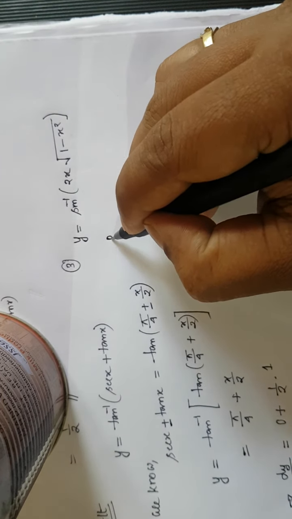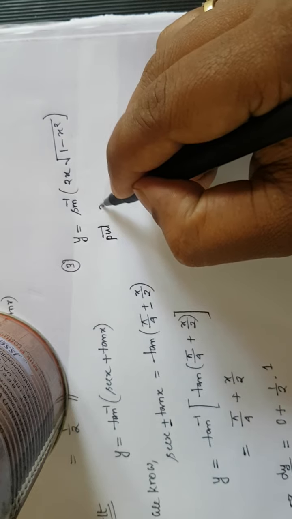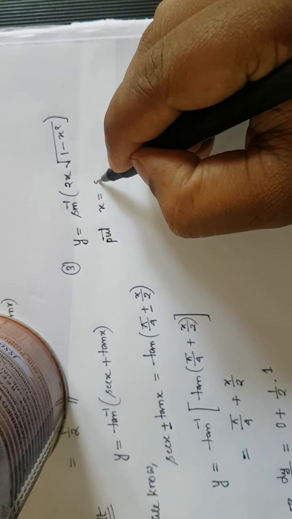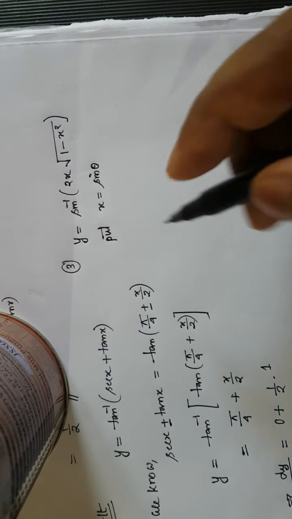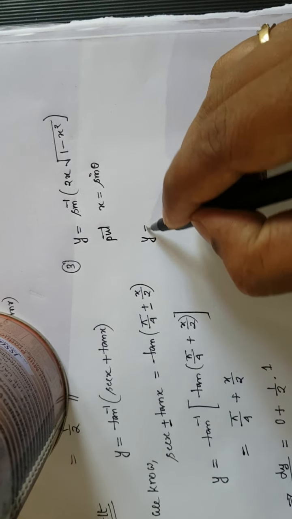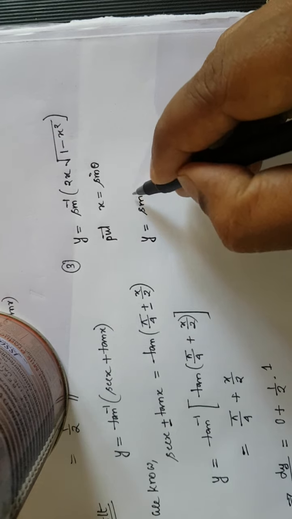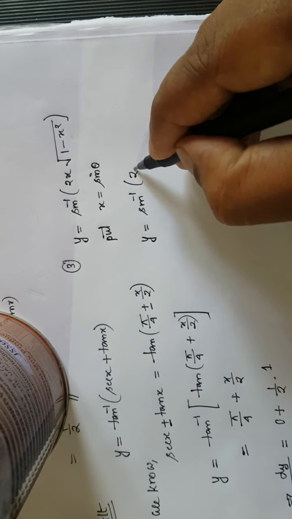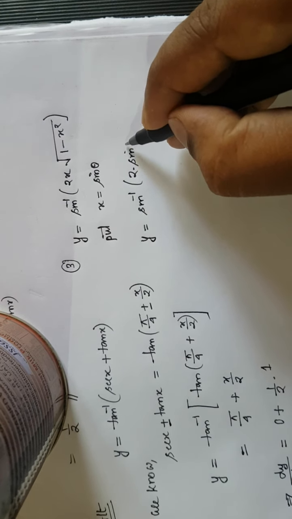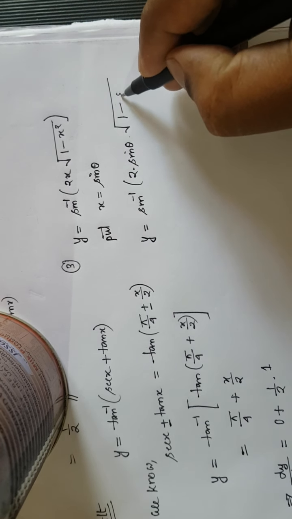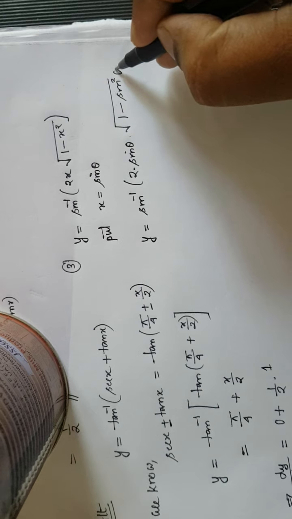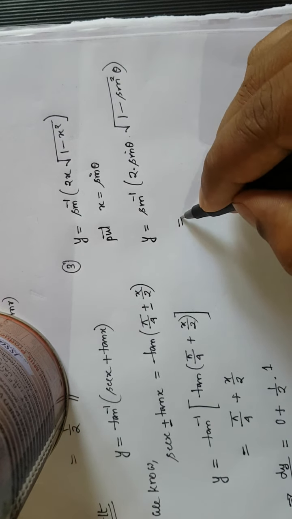Now if I substitute x equal to sine theta, then your y becomes sine inverse of 2 sine theta into square root of 1 minus sine square theta.